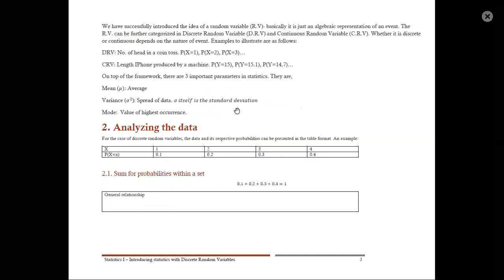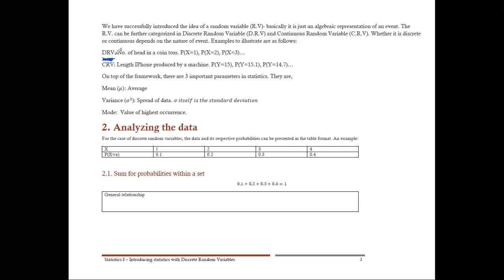Okay, next. So we have actually successfully introduced the idea of a random variable. Okay, so basically it's just an algebraic expression of a certain event. Okay, so this random variable can be categorized into 2 types, which is our interest for this H2 syllabus. The first one is actually DRV.